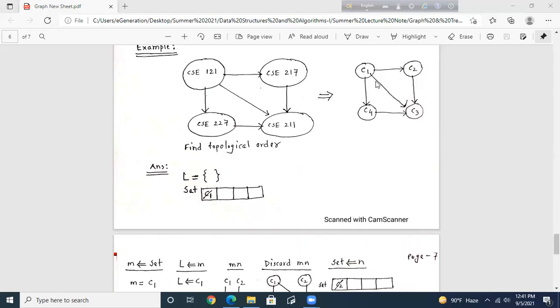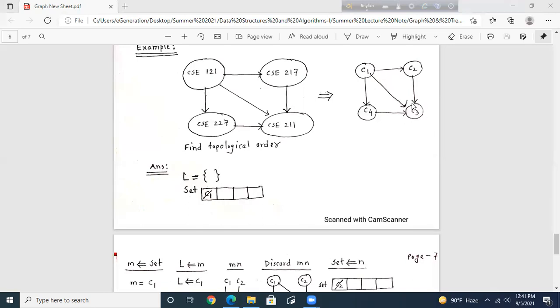For example, you can think about C1. There is no incoming edge towards C1. So I can write C1 inside the set. But if you think about C2, there is an incoming edge.